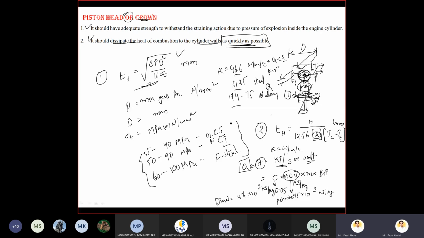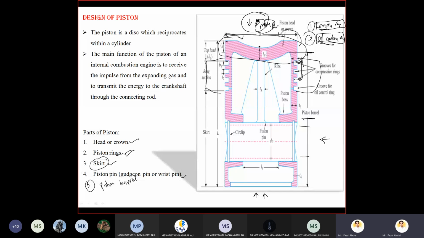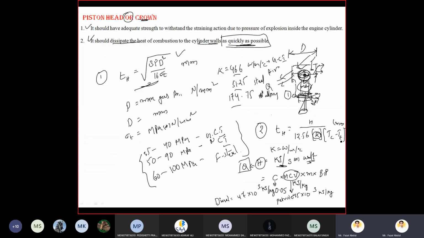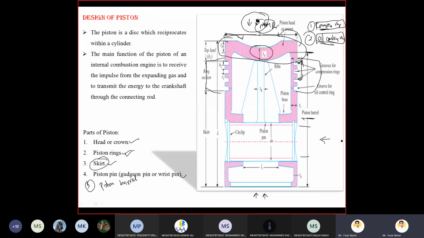And which one is Tc? Tc is the temperature of the piston at the center. See here, you can find Tc here, the temperature of the piston at the center. That's the reason the name is given as Tc. And Te is nothing but the temperature of the piston at the edges. See here, at the edges you can find the Te here and here.